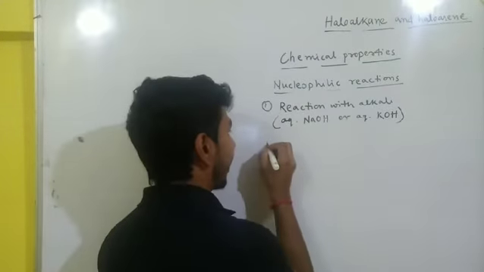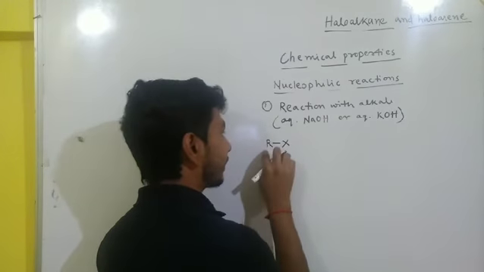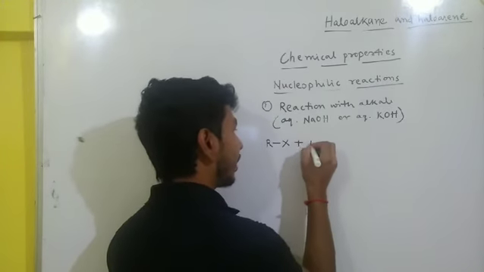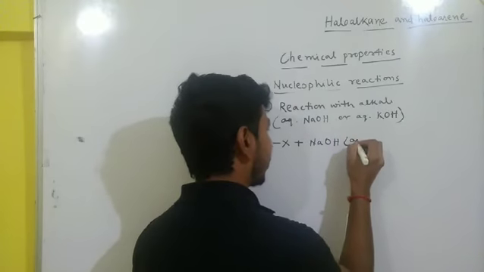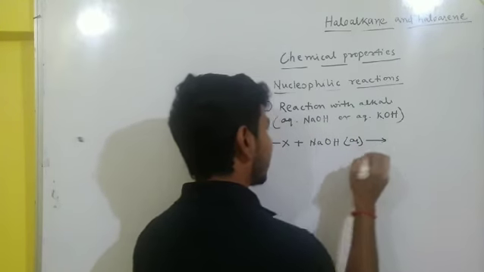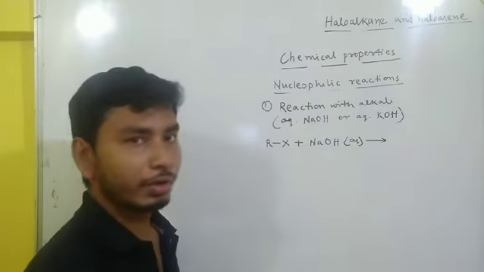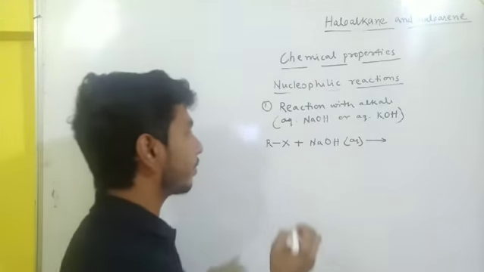When alkyl halide RX reacts with alkali, aqueous NaOH, what will be the product?